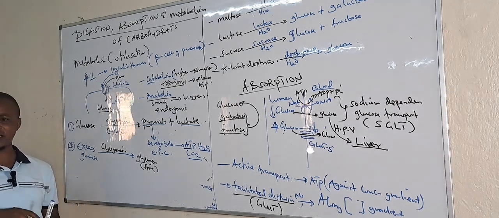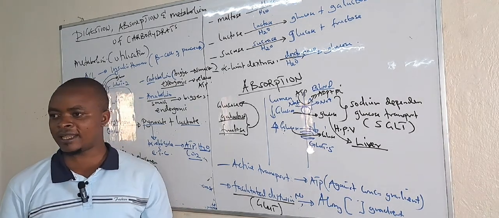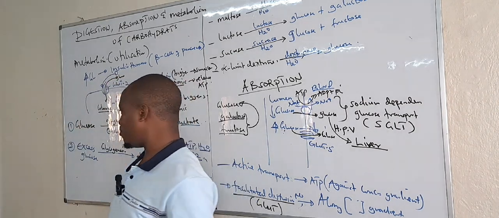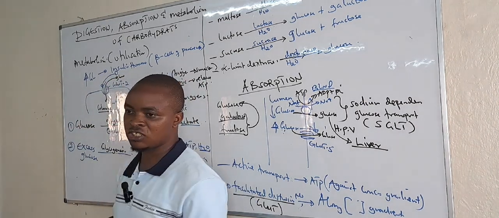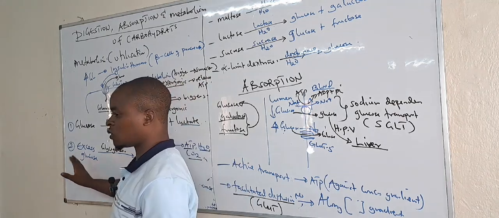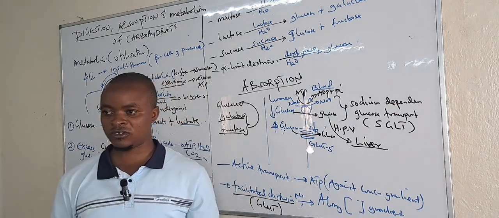So that in case there are no carbohydrates we are eating, and there is lack of glucose in the blood, we can break down this glycogen by glycogenolysis to produce glucose, which we can use to provide energy.